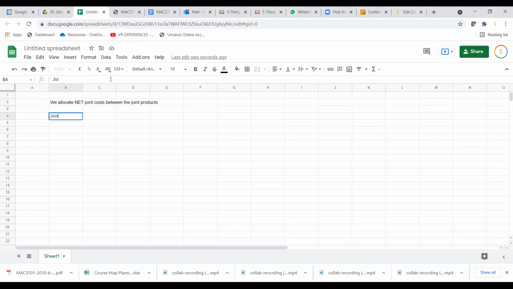Joint costs, and remember, joint cost is the cost incurred in the joint process, less net proceeds from byproduct, equals net joint costs.